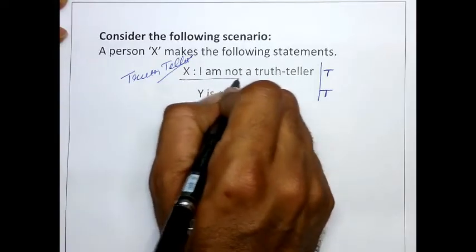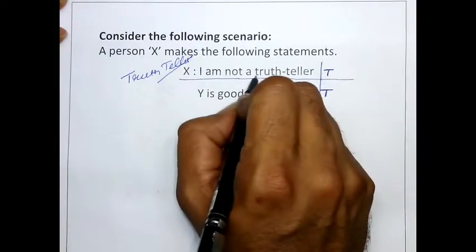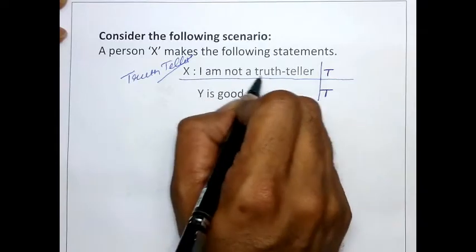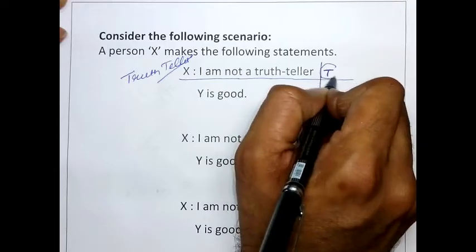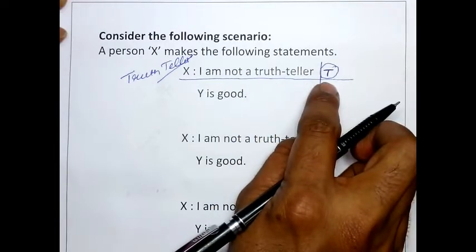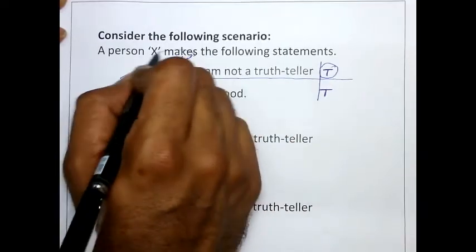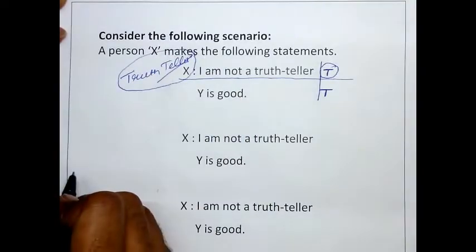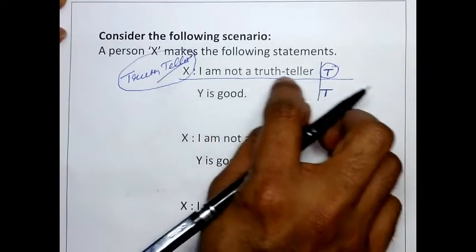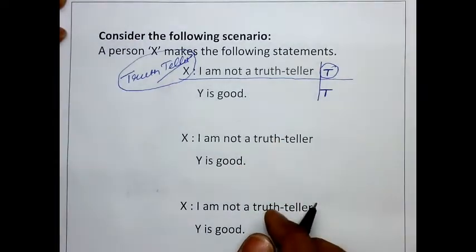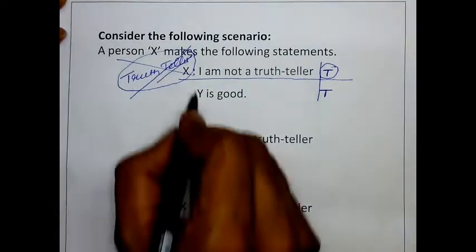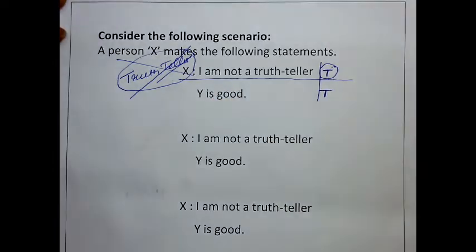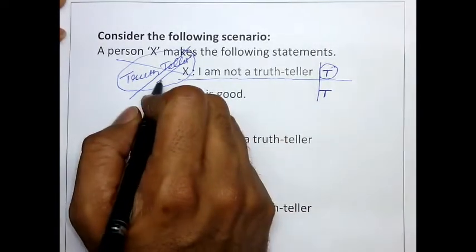X says I am not a truth teller, which means X is not a truth teller is true, which means in the statement X is not a truth teller, but you assumed that X is a truth teller. Assumption and statement are in two different logics, which means that this assumption is wrong. If a person says, I am not a truth teller, he cannot be a truth teller.